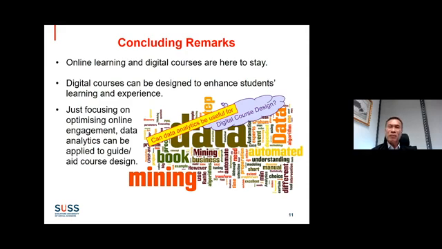So something to think about. And what I've shared over the last 20 minutes just now is just an example of what we have done in SUS to try to understand online engagement, to try to look at the antecedents and the consequence.